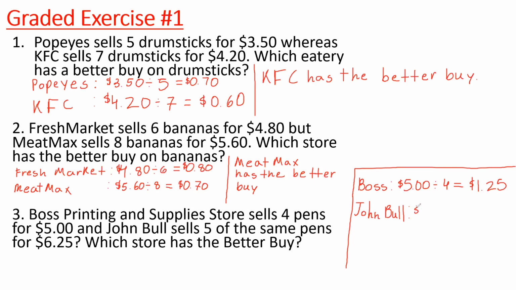I divided $6.25 by 5 and got $1.50 each. Very good. So $6.25 divided by 5 gives you $1.50 each, which would mean that Boss Printing and Supply Store has the better buy.